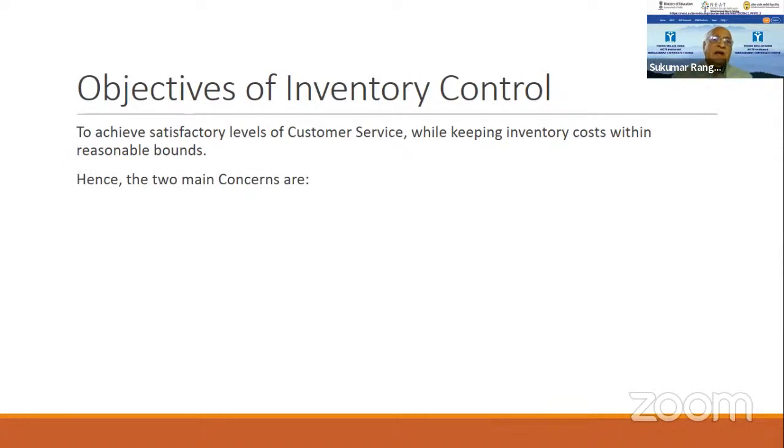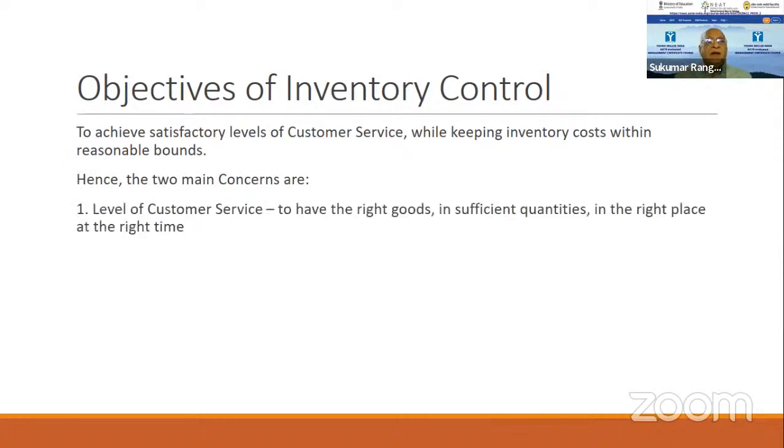The two main concerns are level of customer service, which means to have the right goods in sufficient quantities at the right time. See, the customer is bothered with only four things: quality, cost, delivery, and service.